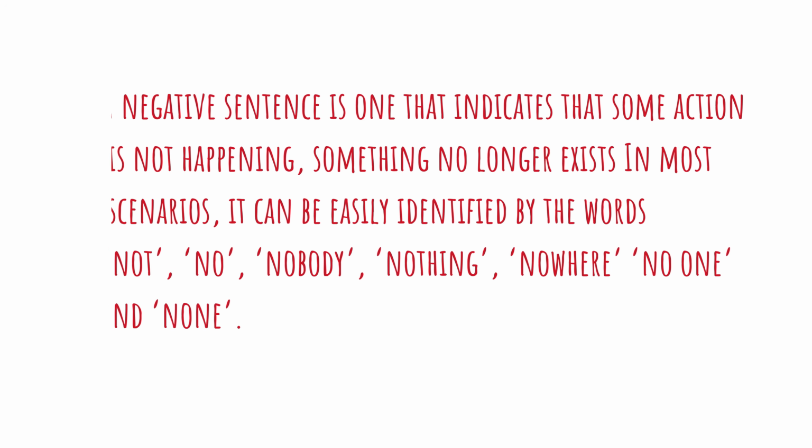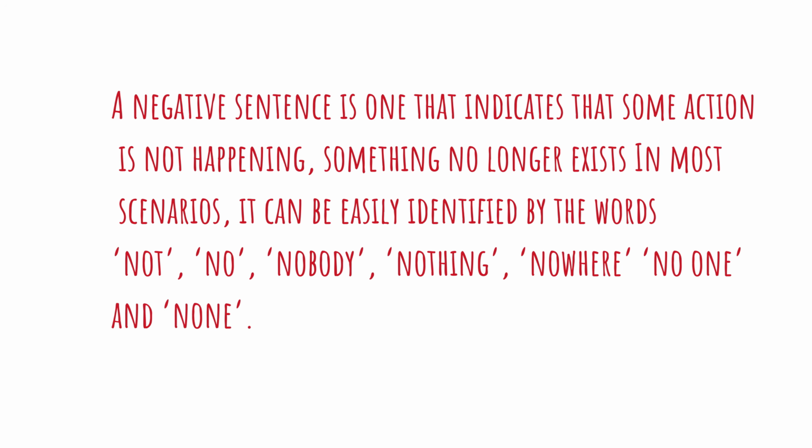What are negative sentences now? A negative sentence is one that indicates that some action is not happening, or something no longer exists. It can be easily identified by the words not, no, nobody, nothing, nowhere, no one, none.